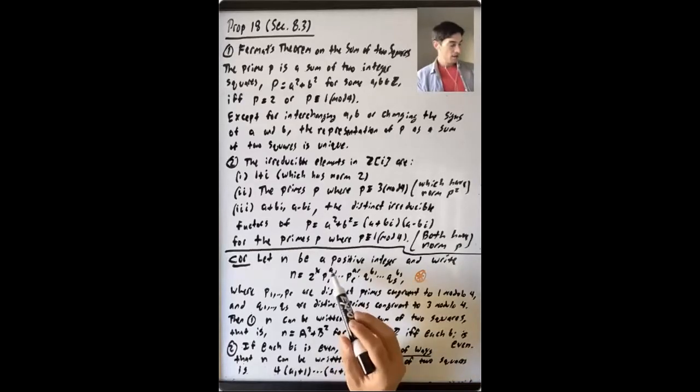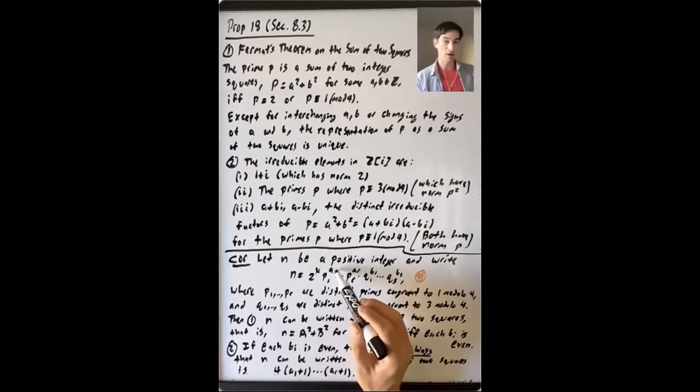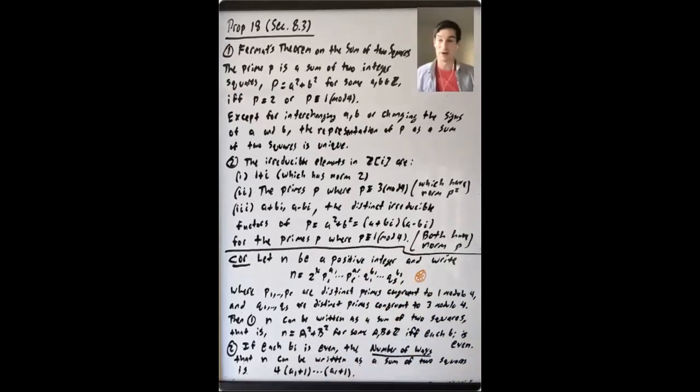So you get a factor of 4. It doesn't matter what k is, and it doesn't matter what these b1 up through bs, these even exponents, are. But you get a factor of 4 and then times (a1 plus 1) times (a2 plus 1).